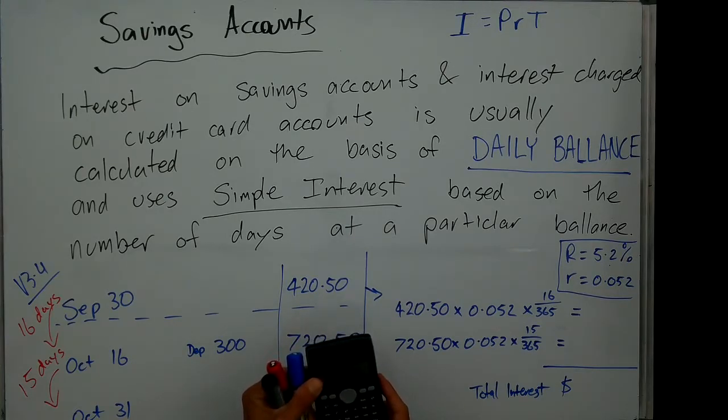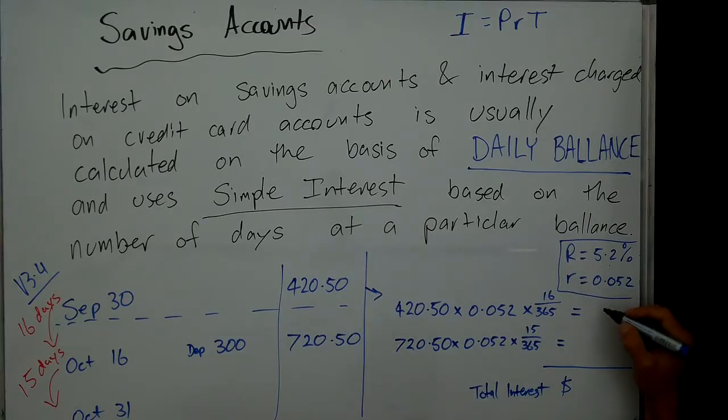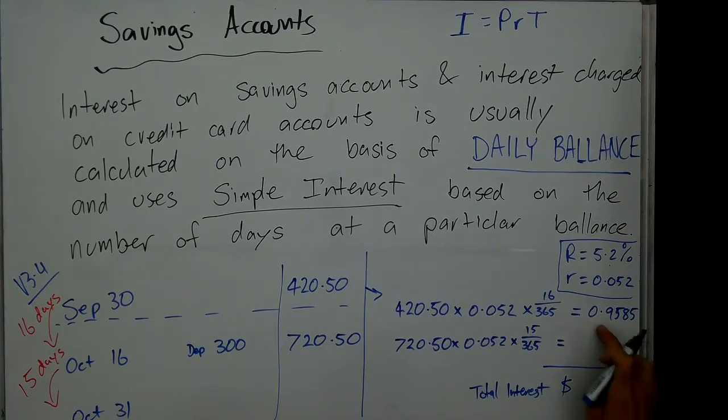420.5 for this little period, the first half of October, 0.9585. I'm just going to add in the fractions of cents for now, and I'll round at the end. So just over 95 cents.